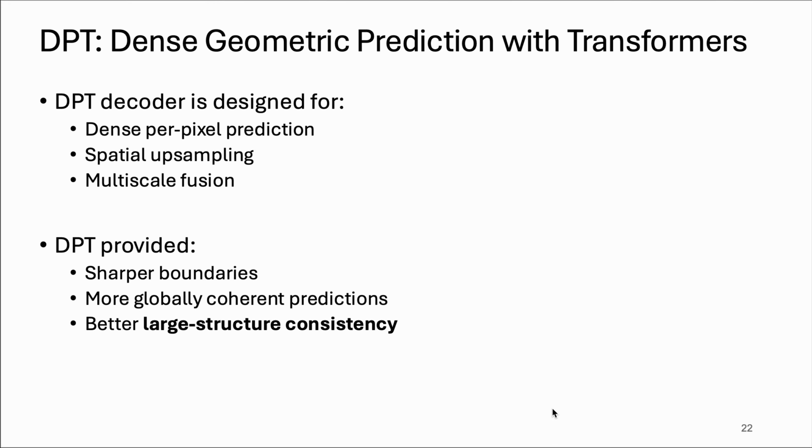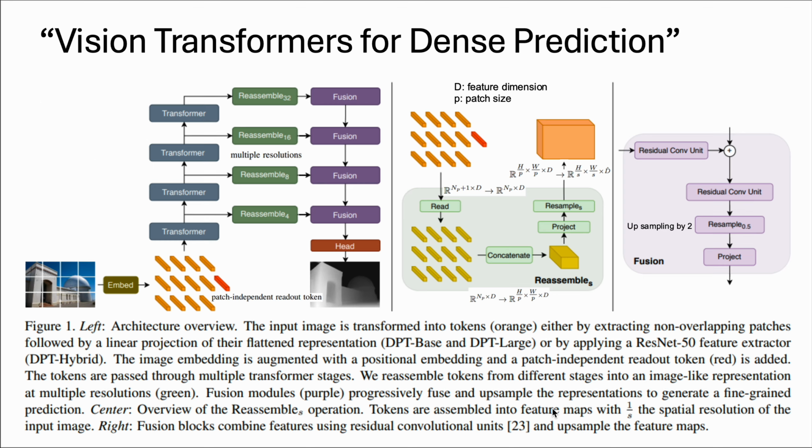The DPT can provide sharper boundaries, and because it uses a transformer, it can also maintain large structure consistency in its predictions. If we look at the DPT paper, Vision Transformers for Dense Prediction, figure 1 in that paper shows clearly the structure of the DPT head.